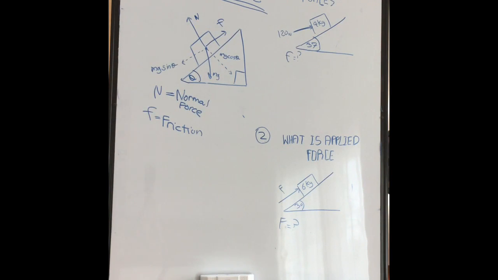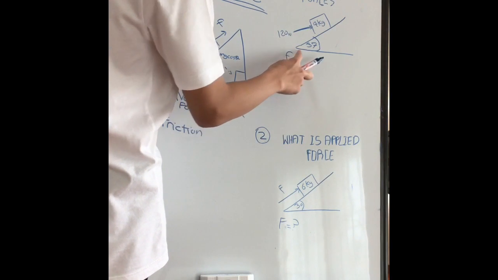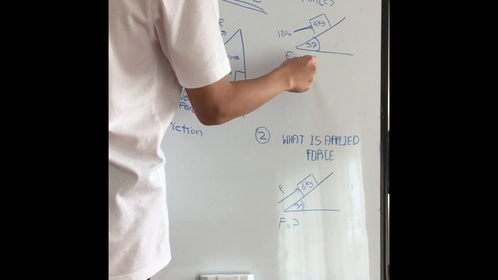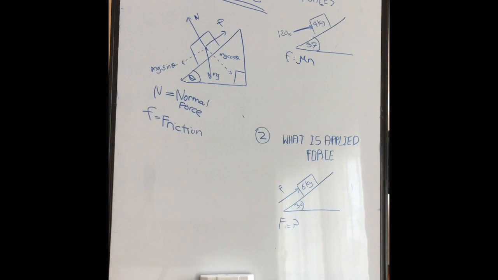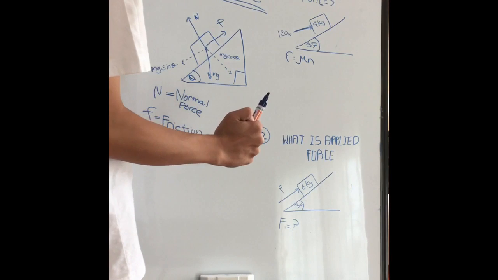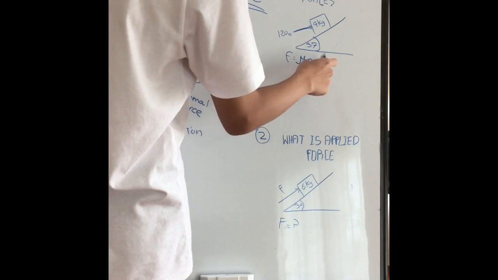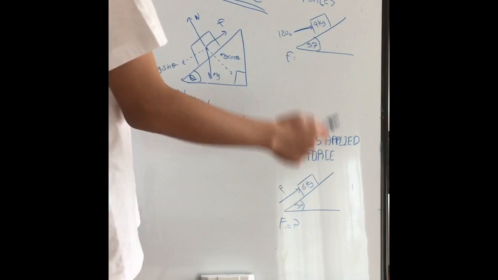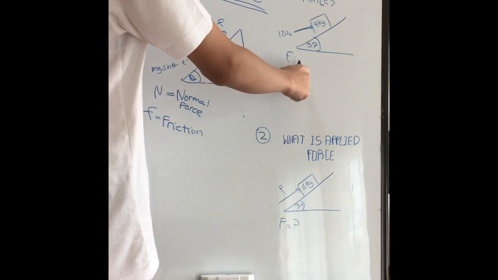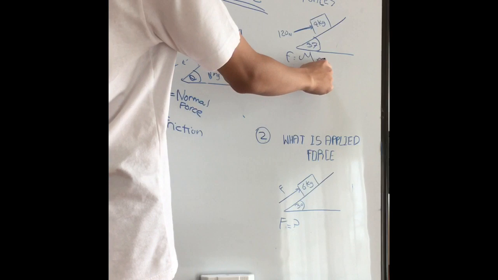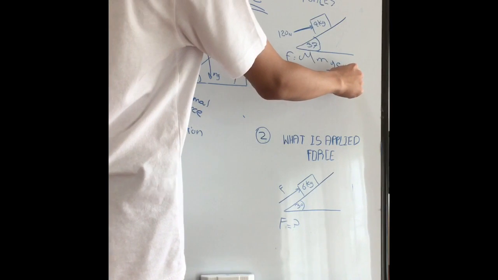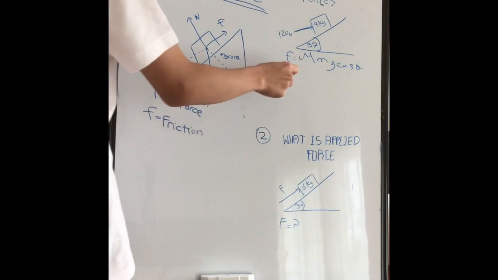If we want to find the friction force on the inclined plane, we use the friction formula, mu n, but we need to use mg cos theta too. So it would be mu mg cos theta.